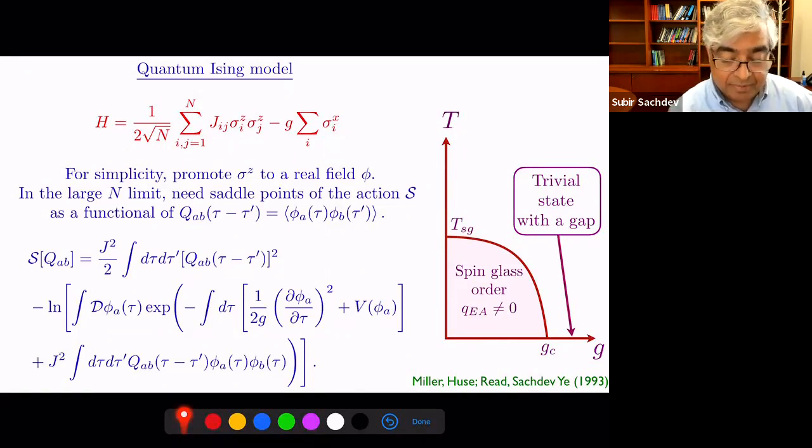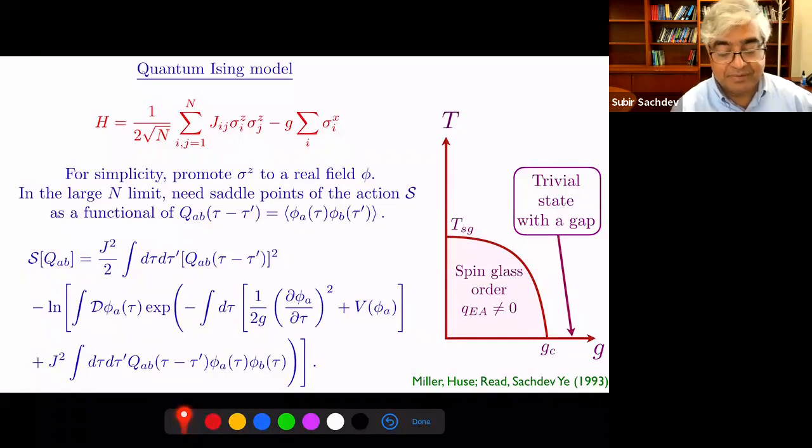So you have a particle with some potential V(phi), and if you follow through Parisi's method, what happens is that this matrix, little q_ab, is now replaced by another matrix, capital Q_ab, but that matrix is a function of time. So now you have not just one n by n matrix, you have a function which takes values on n by n matrices of time. And now you have to look at this saddle point solution.